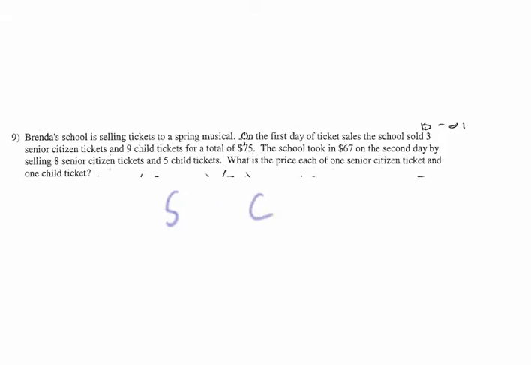The first equation is from the first sentence with any numbers in it. 3 senior citizen tickets, so that means 3 S's, and 9 child tickets, so plus 9 C's, that's $75. Next, on the second day, $67, that's our money.